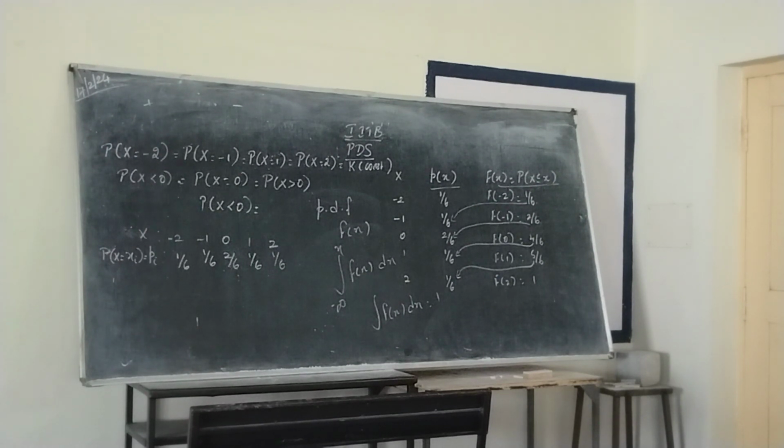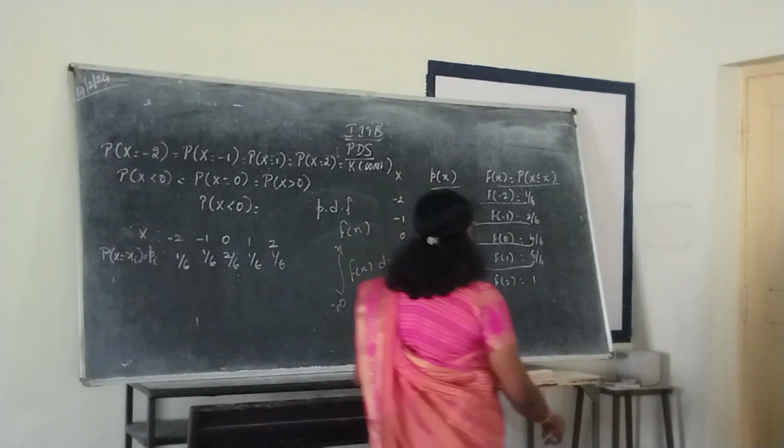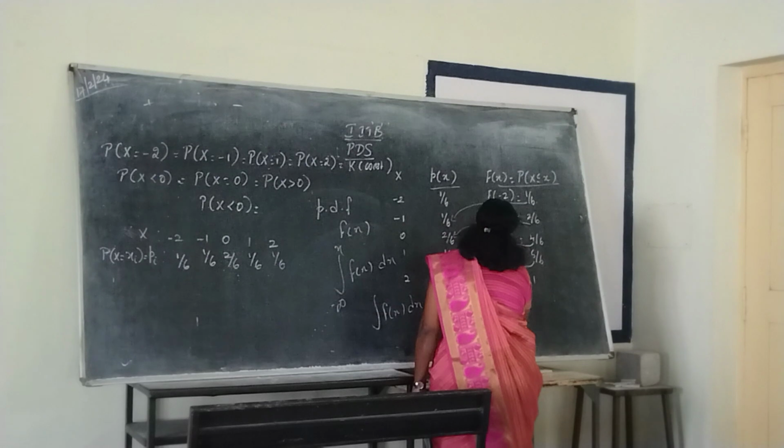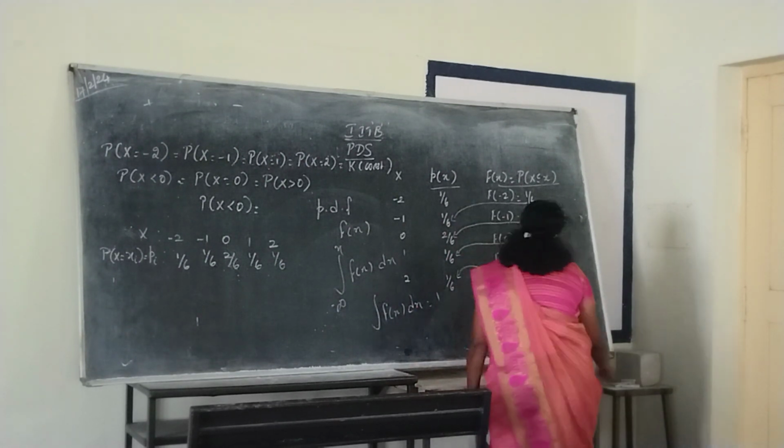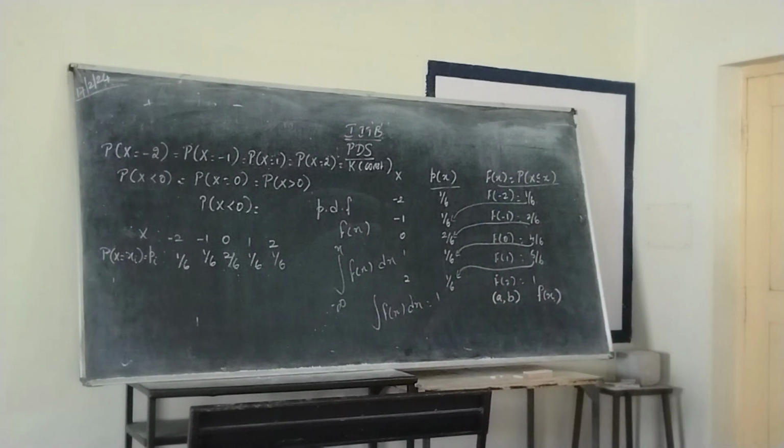The PDF of a continuous random variable is defined as f of x.